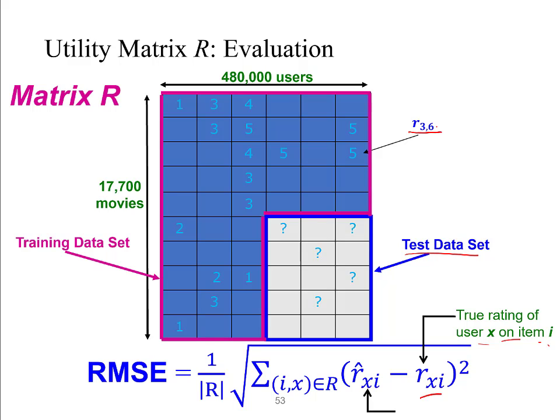For example, r_36 should be the true rating of user 3 on item 6. Yeah, here this one should actually be r_63, so it's user 6 on item 3.